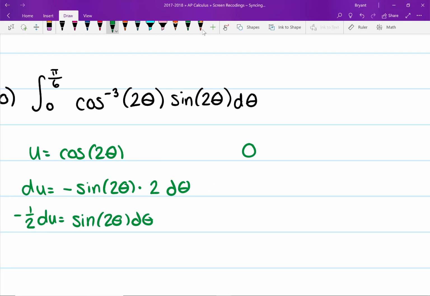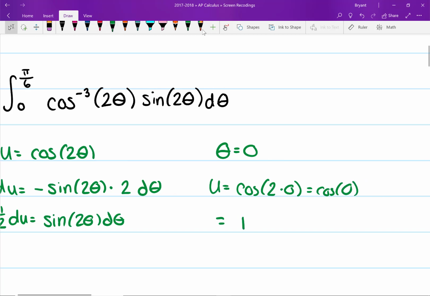If theta is equal to 0, then u is going to be equal to cosine of 2 times 0, which is just cosine of 0. And cosine of 0 is 1.